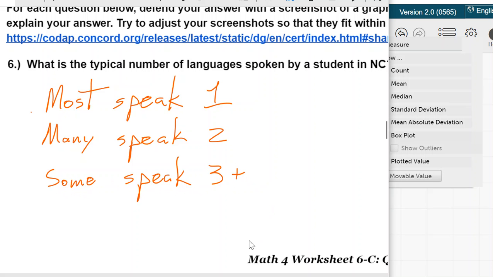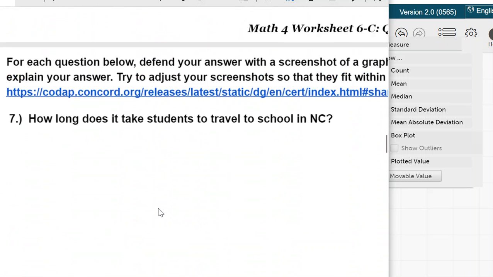Three or more. And I might even say a few. That's probably a better description, is to say that a few speak 3 or more. All right, let's move on.